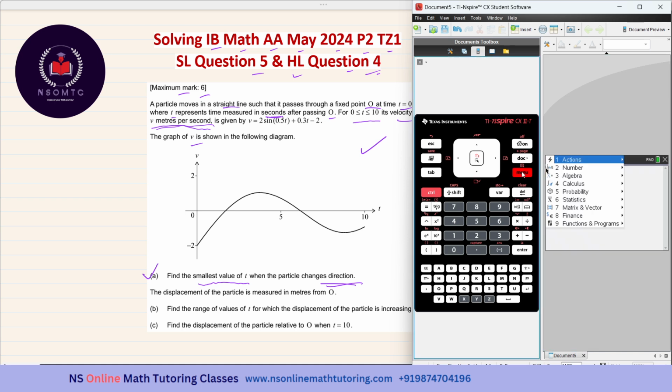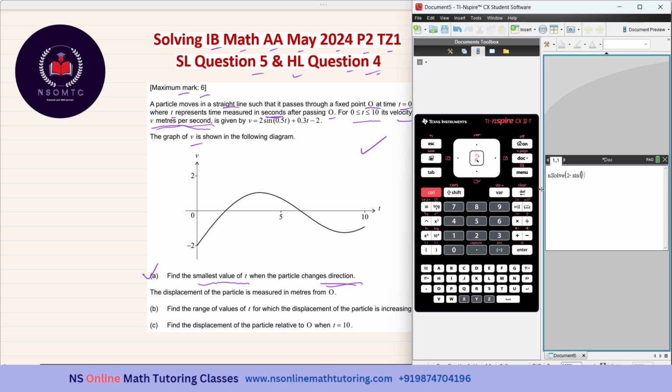So menu, then algebra number 3 and then number 1 nSolve, and it is 2 times sine 0.5 times t, I can take t as the variable, plus 0.3 times t minus 2 equal to 0, and we have to declare the variable. It is t, comma t. I press enter.